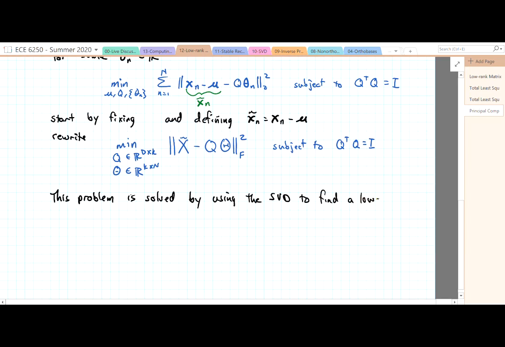find a low rank approximation of x tilde, and we do that by saying if x tilde has an SVD of U Sigma V, then we just say Q hat is equal to U_k, theta hat, our approximation, is equal to U_k transpose x tilde.